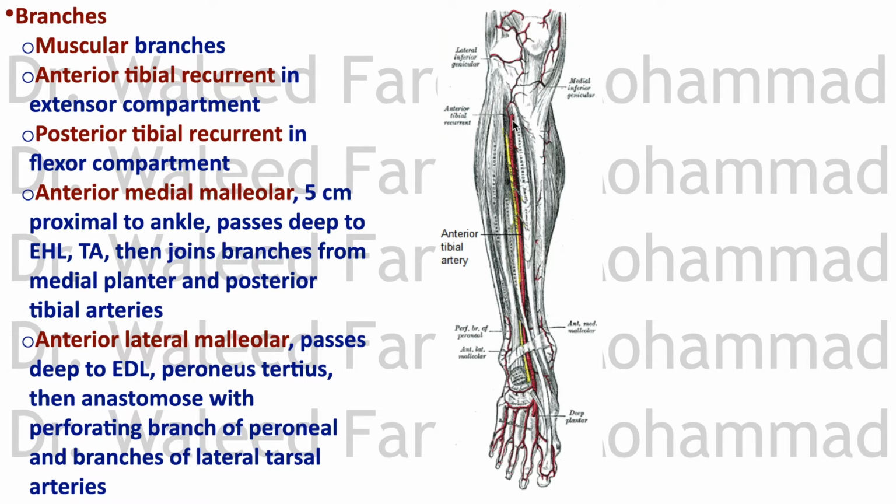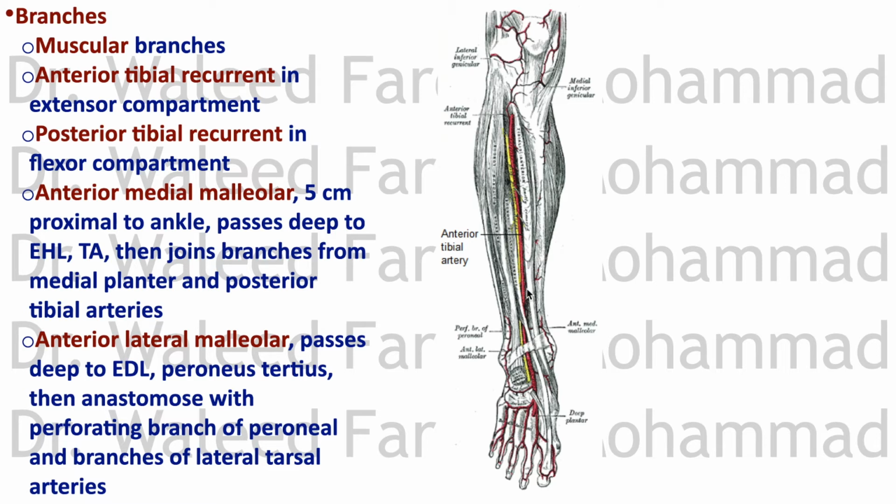The anterior tibial recurrent arises in the extensor compartment, while the posterior tibial recurrent arises from the anterior tibial artery while still in the flexor compartment. So it gives a branch in the flexor compartment before passing through the interosseous membrane, and then after passing through the interosseous membrane, it gives the anterior tibial recurrent.